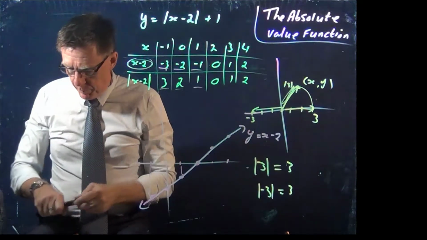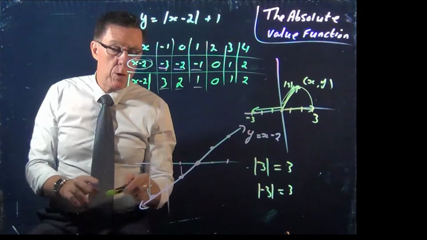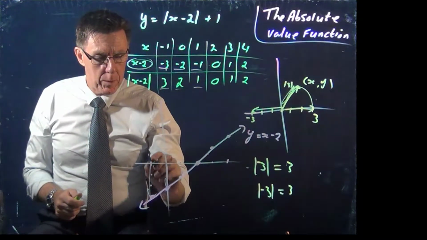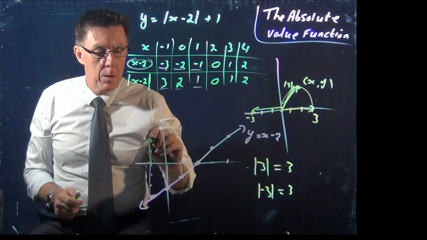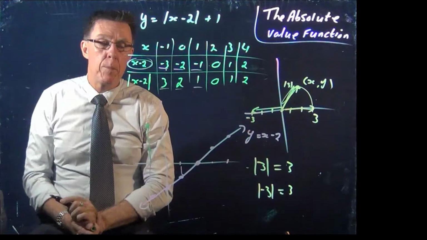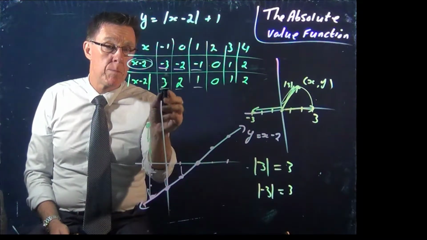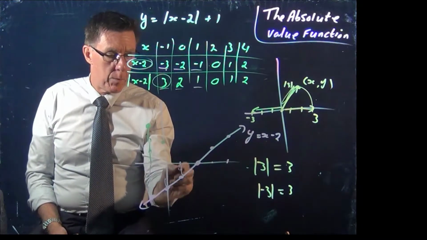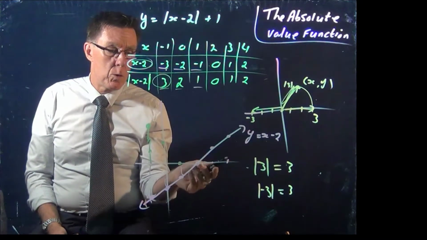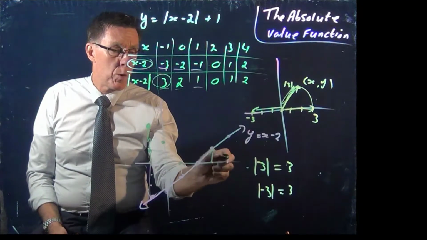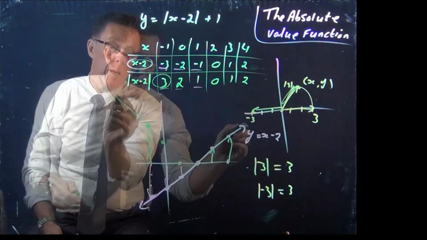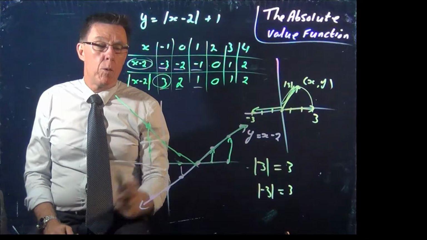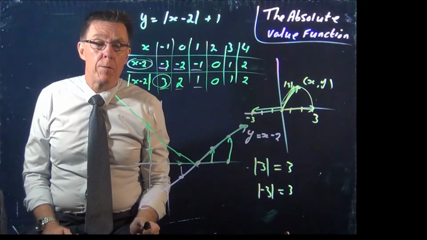So this one here, where I was 3 units below the x, that point gets flipped up to there to become 3 units above the x, the absolute value. Same thing for the 2, same thing for the 1. 0 of course stays as 0, that's already above, so here, what I have now is the absolute value graph.